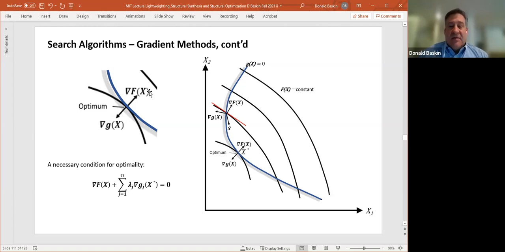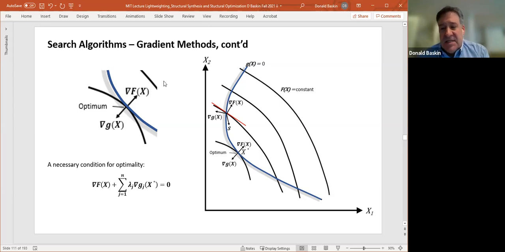And a necessary condition to finding this location in the design space is given by this equation here. Basically, it says that the sum of the gradient of the objective function plus the gradient of the constraint times a constant lambda, called a Lagrangian multiplier, must equal 0.